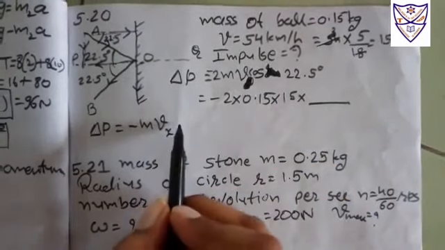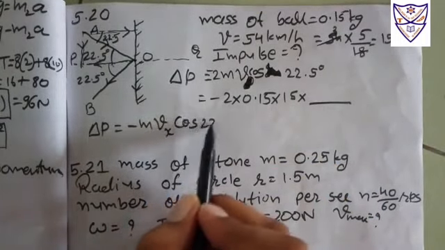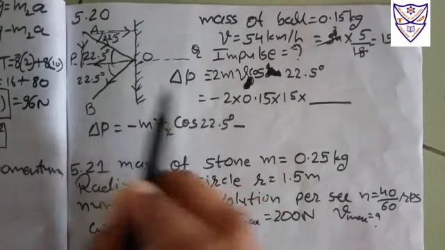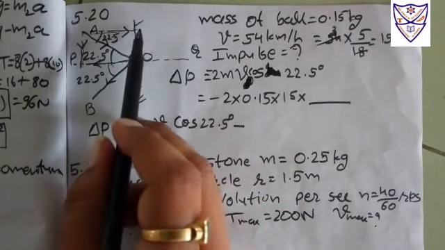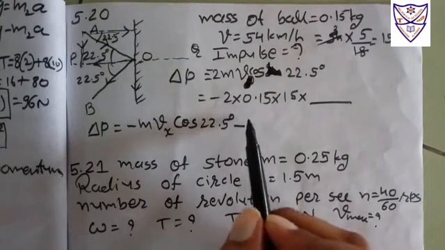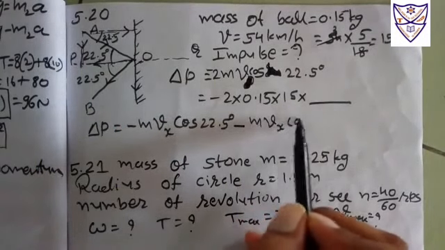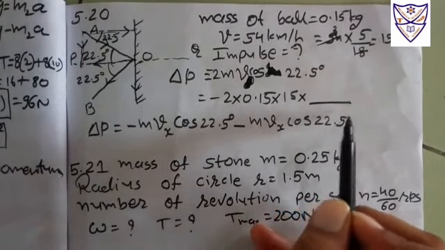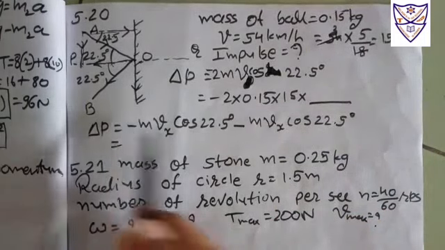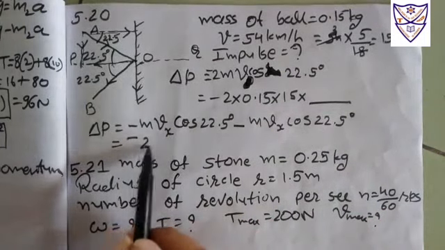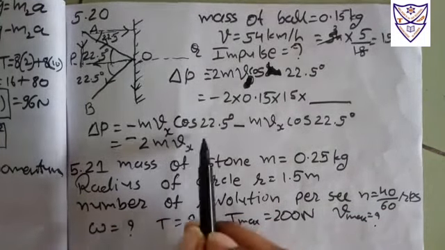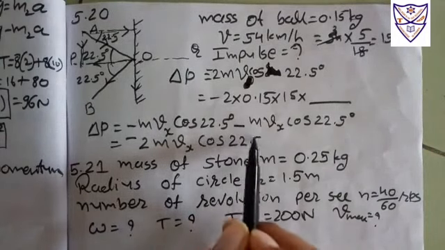So minus mvx cos 22.5 minus initial, which is in the right hand side direction, so minus as it is, mvx cos 22.5 degree. So the summation of these two is minus 2 mvx cos 22.5 degree.